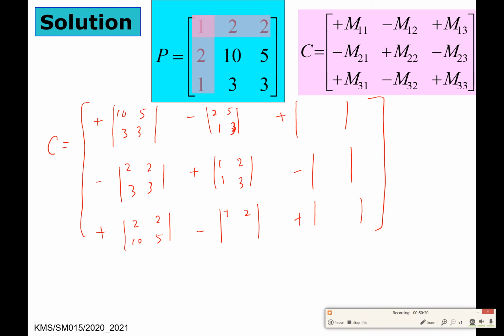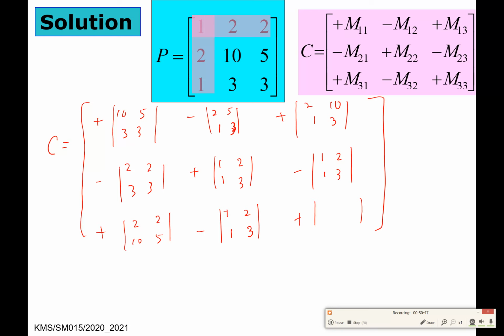This is 3, 1. This is 3, 2. So this is 1, 3, and this is 2, 10. 1, 3 and 1, 2. So this is 2, 3, 1, 3.